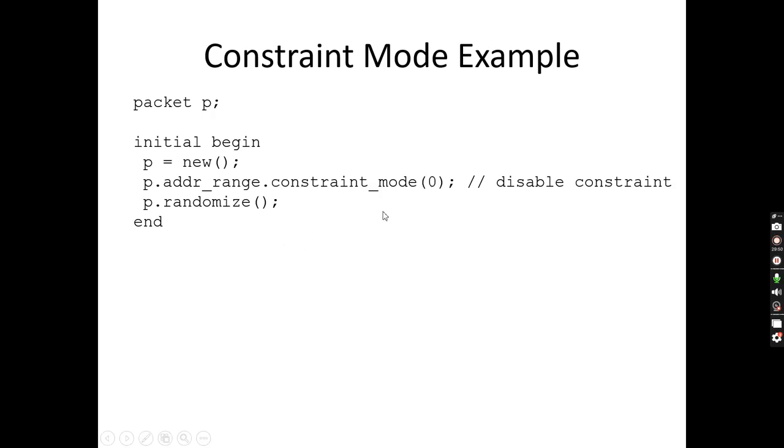After 2 to 3 lines, if you write the same line and pass the value 1, the constraint will automatically turn on again. Then you are able to generate the values in the ranges you want.